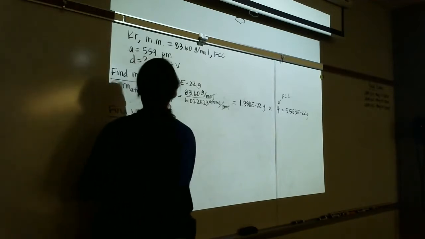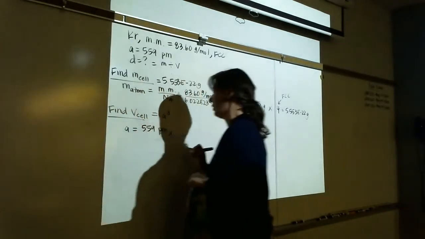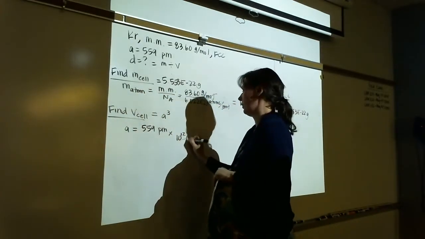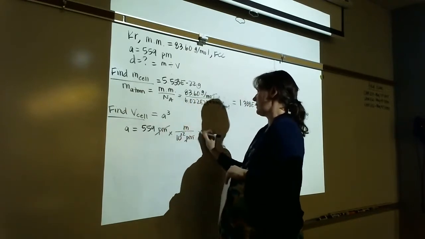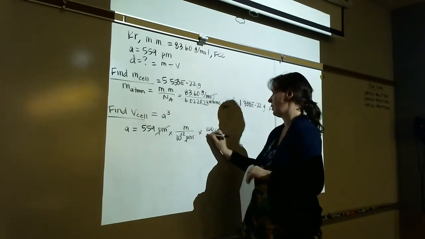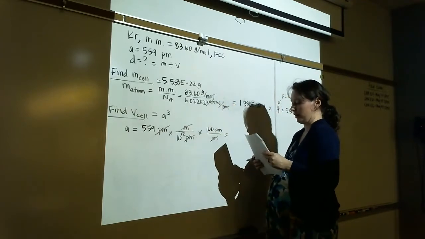So 559 picometers. How many picometers are in a meter? 10 to the 12 picometers per meter. And then how many centimeters are in a meter? 100 centimeters per meter.